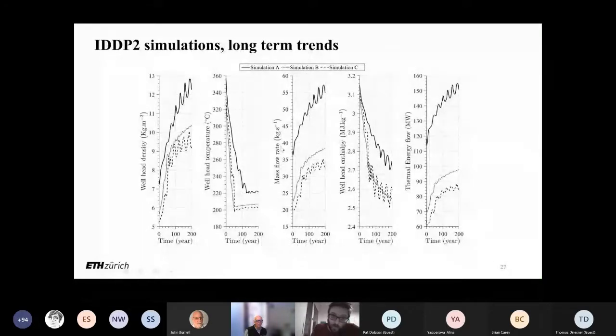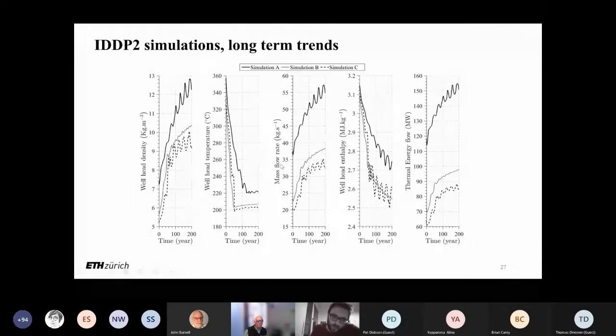So an increase in the mass flow rate over time because the fluid produced becomes denser as it's cooling down. You can see the temperature drops relatively fast. After 20 years, it's still only a drop of 20 degrees from 350 to 330 or so, and then it starts to stabilize at around 200 degrees in the next century.